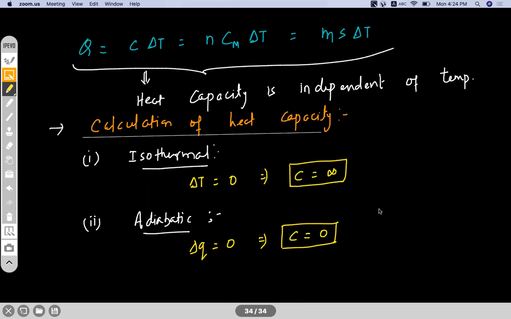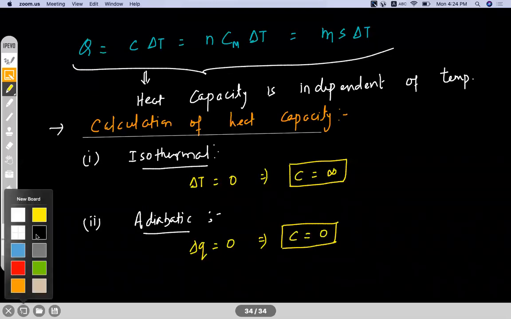After some time, we'll discuss first law of thermodynamics also, because we are discussing Q, we'll discuss U, then we'll discuss work done, enthalpy, and then we'll see the first law of thermodynamics. Okay. So these are the two things we have.